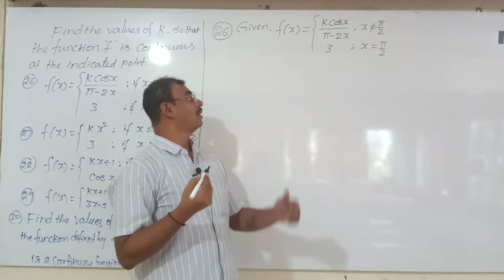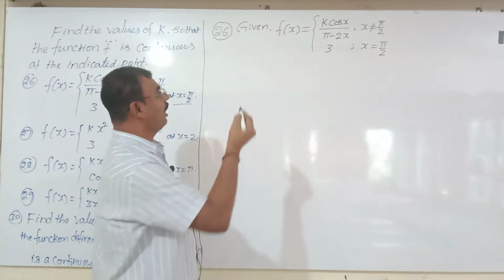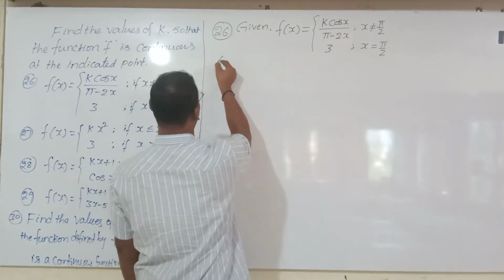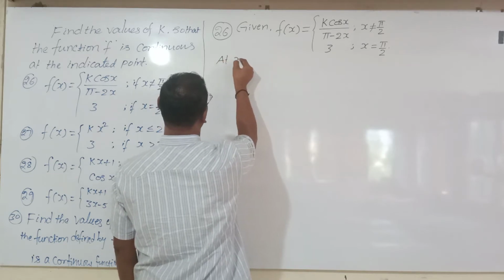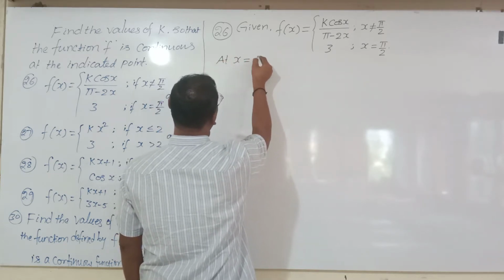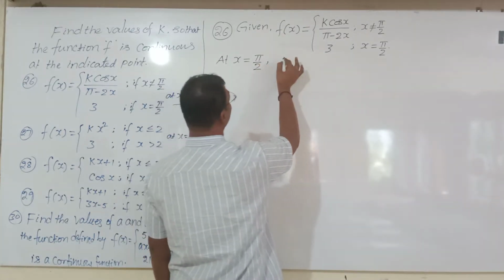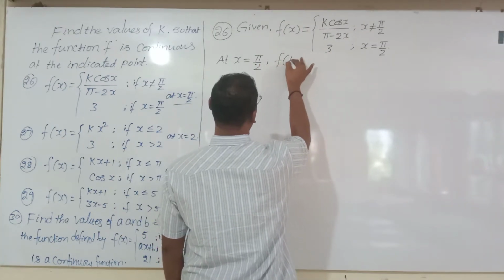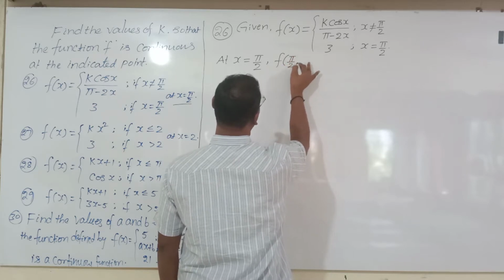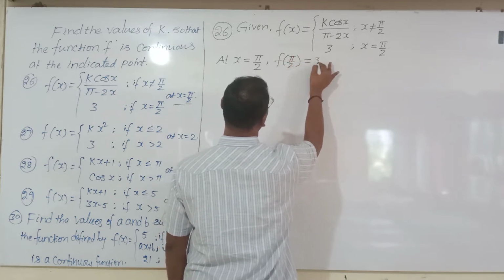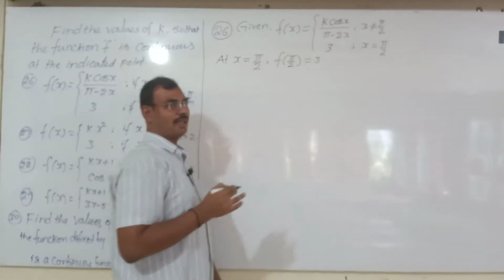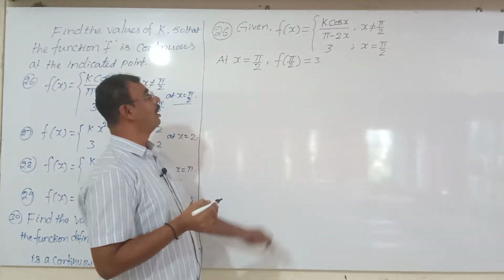So let us see, I would check at x equal to pi by 2 here. At x equal to pi by 2, the function f of pi by 2 will be 3. So it is given very clearly in the data.